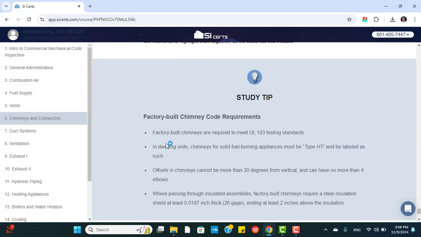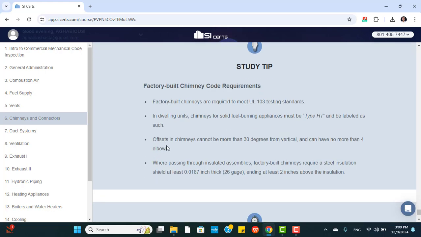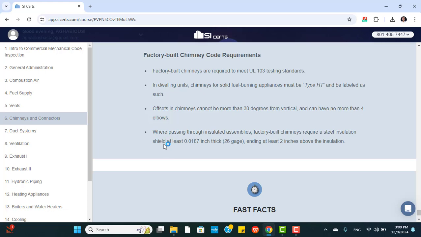Study tip: factory built chimney code requirements. Factory built chimneys are required to meet the UL 103 testing standard. In-dwelling unit chimneys for solid fuel burning appliances must be type HT and be labeled as such. Offsets in a chimney cannot be more than 30 degrees from vertical and can have no more than 4 elbows.